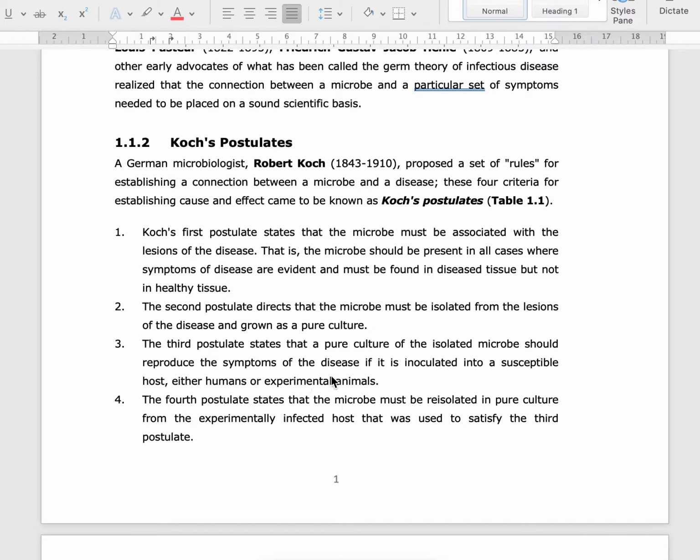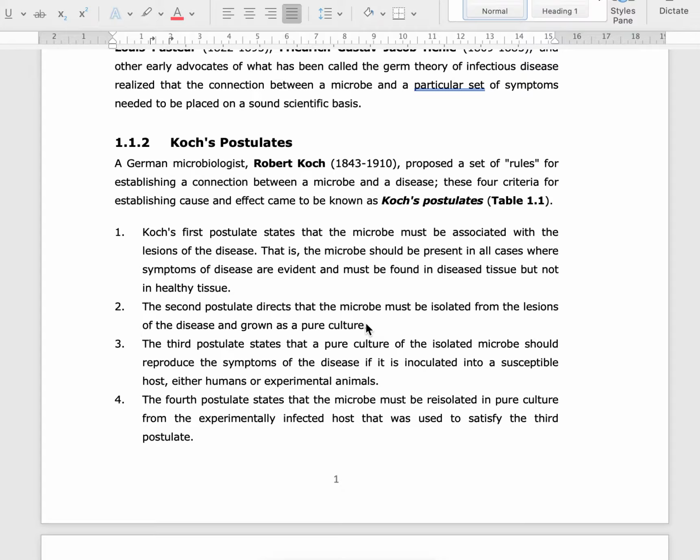Then the third postulate states that a pure culture of the isolated microbe should reproduce the symptoms of the disease if it is inoculated into a susceptible host, either humans or experimental animals. That means to satisfy the third postulate, we have to inoculate or introduce the pure culture of the putative causative agent into a host, and this host can be a human or an experimental animal model.